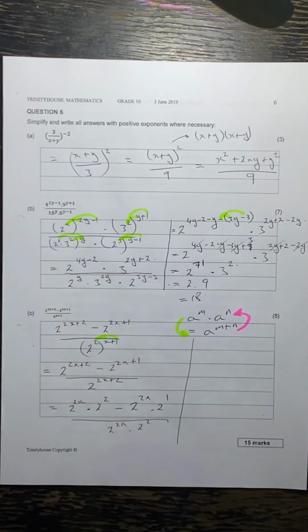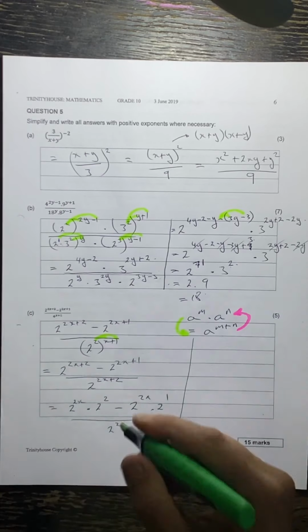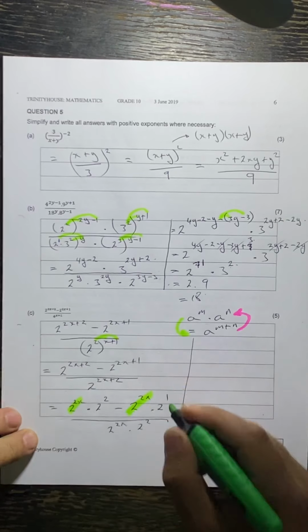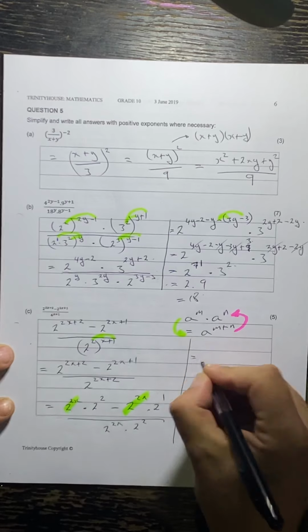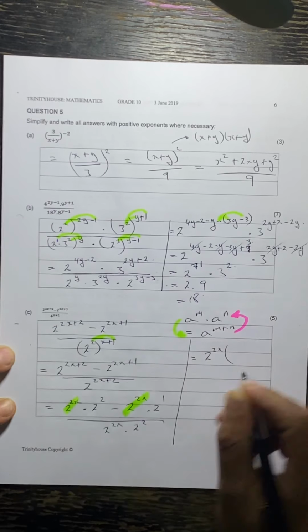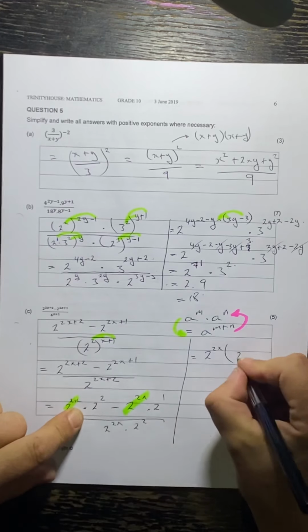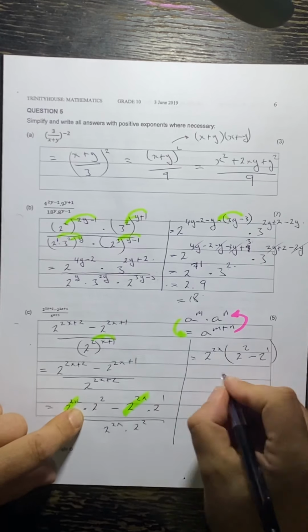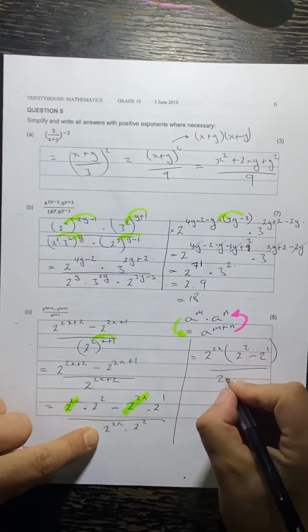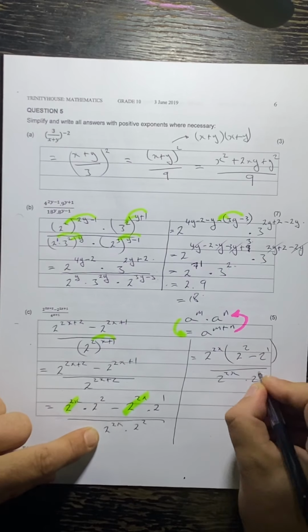In the numerator I've got a common factor of 2 to the 2x, so I'm going to take it out as a common factor. We've got 2 to the 2x, 2 to the 2 is left, minus 2 to the 1, all over 2 to the 2x times 2 to the 2.